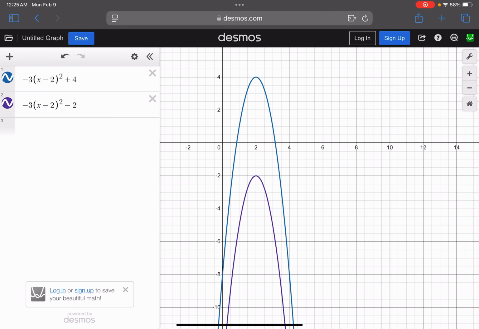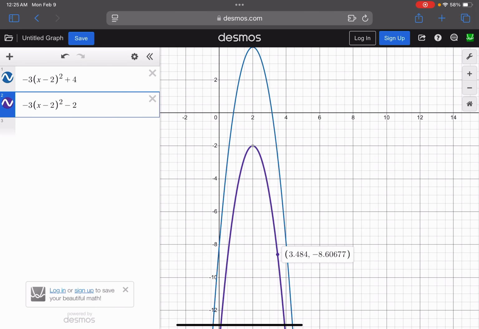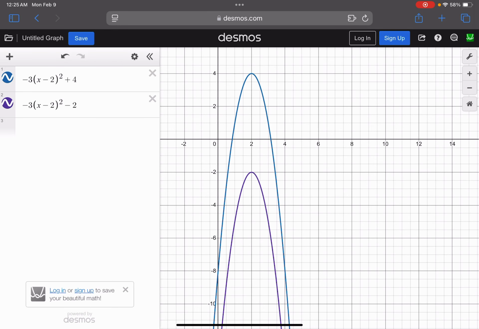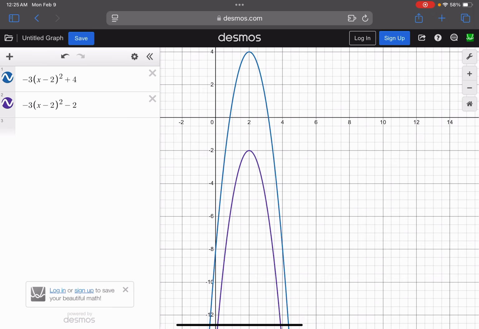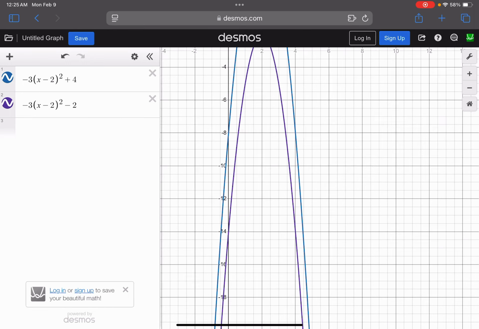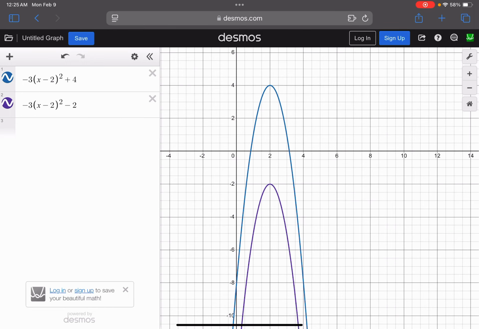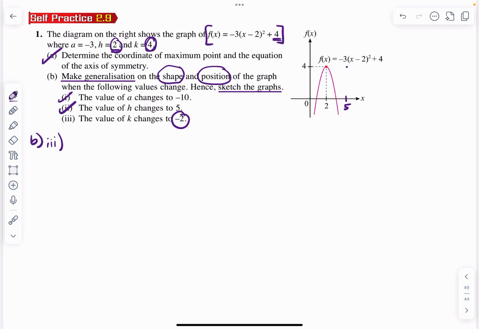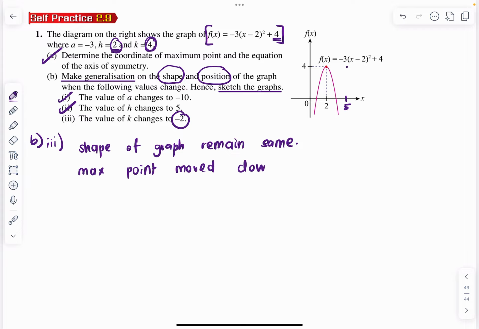Okay. So now the graph has moved down. So the max coordinate has also moved down, but the width of the graph and the shape of the graph still remains the same. Okay. So we can say shape of graph remains same. The max coordinate or the max point moved downwards.